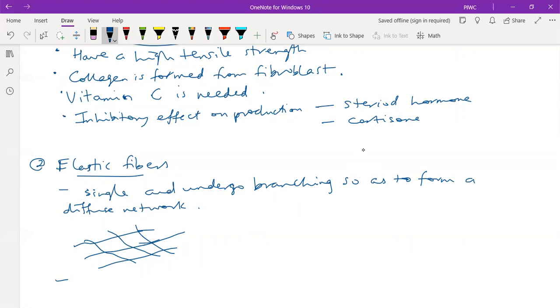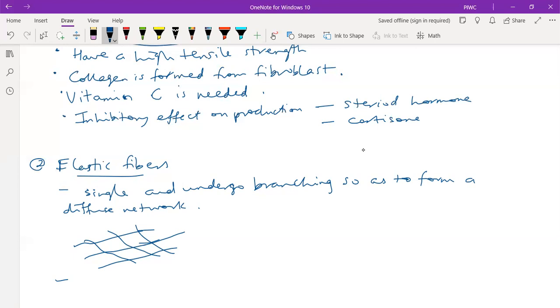Now, if you take the superficial fascia and the elastic fibers in the skin, you see a lot of elastic tissue. The elasticity of the skin is due to the presence of the elastic fibers.